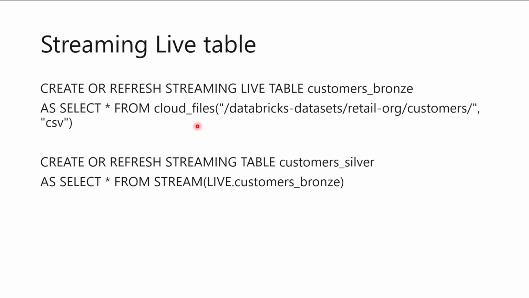So this is the streaming data we are reading and creating a streaming live table. In the second example, we are creating a streaming silver table over the streaming customers bronze table. Note that we are using the stream keyword to specify that we are reading from a streaming table, and we are using the live keyword to specify that we are reading from a table that was created within the DLT notebook itself.